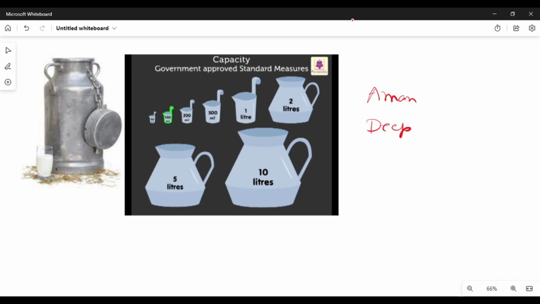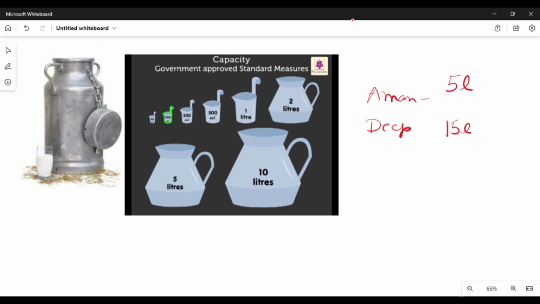Now Aman is running at the speed of 3 kilometers per hour, so he wants to take 5 liters of milk, and Deep, who is running at the speed of 5 kilometers per hour, wants to take 15 liters of milk.